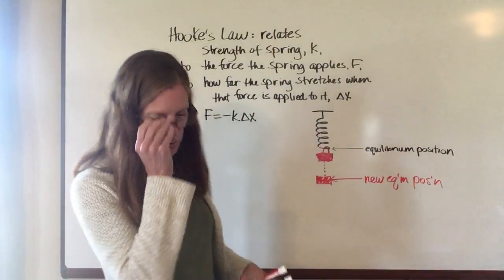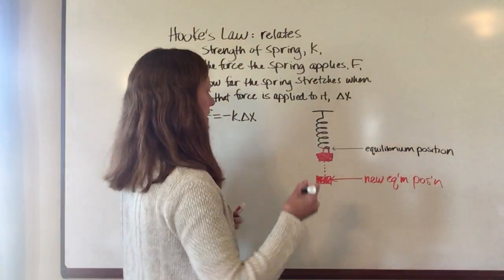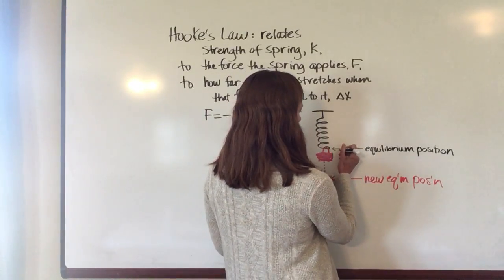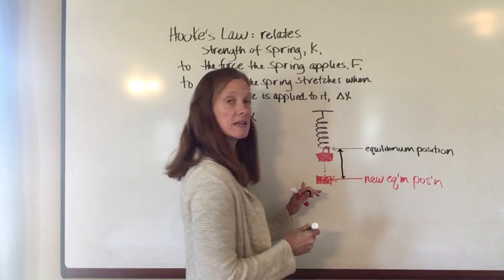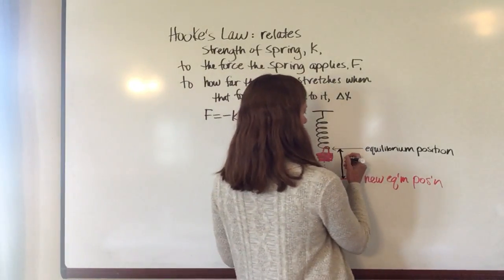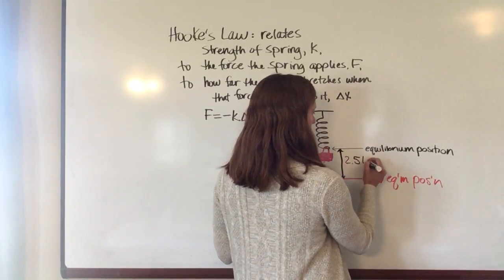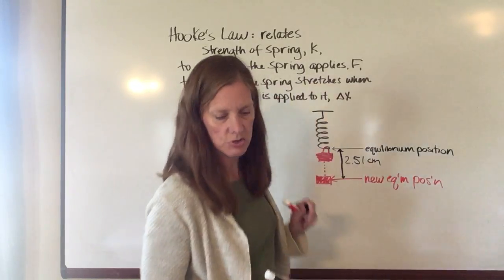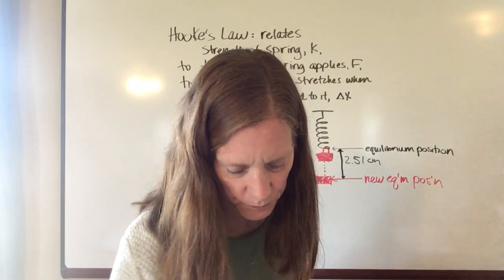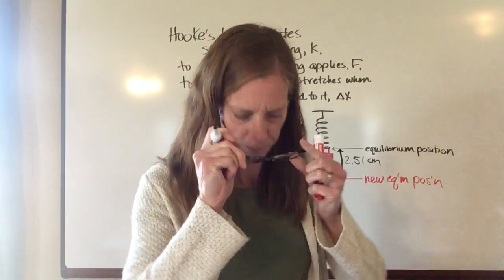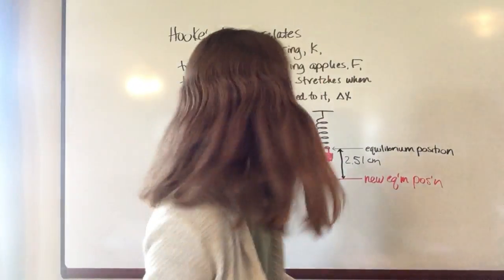So basically what we're saying here is that the distance from where the spring was initially to where it is now that it has a weight hanging on it is 2.51 centimeters, and the mass of the weight was 451 kilogram.